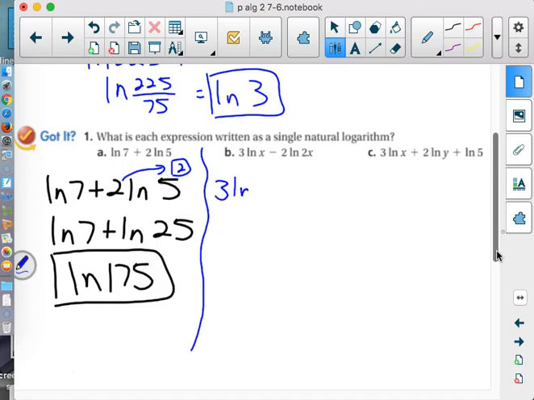B says 3 natural log of x minus 2 natural log of 2x. Back up. Wait a minute. What is that 2 in front? Oh. I mean, there's no parentheses there.